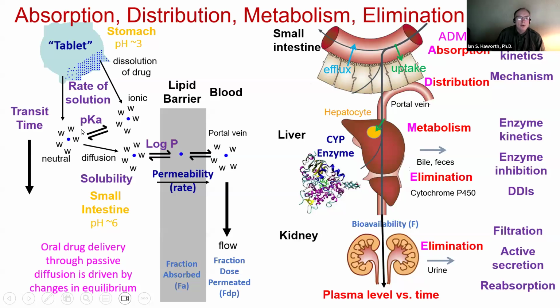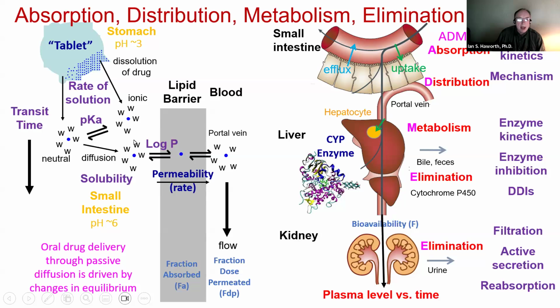Once it has dissolved, most drugs, not all, but most drugs will ionize. And so there's going to be an equilibrium set up between the neutral species and the ionic species broadly. Then that neutral species, if we're thinking of passive diffusion, is going to partition into what for the moment we'll consider to be a gut wall lipid barrier. And that's largely going to occur in the small intestine at roughly pH 6.